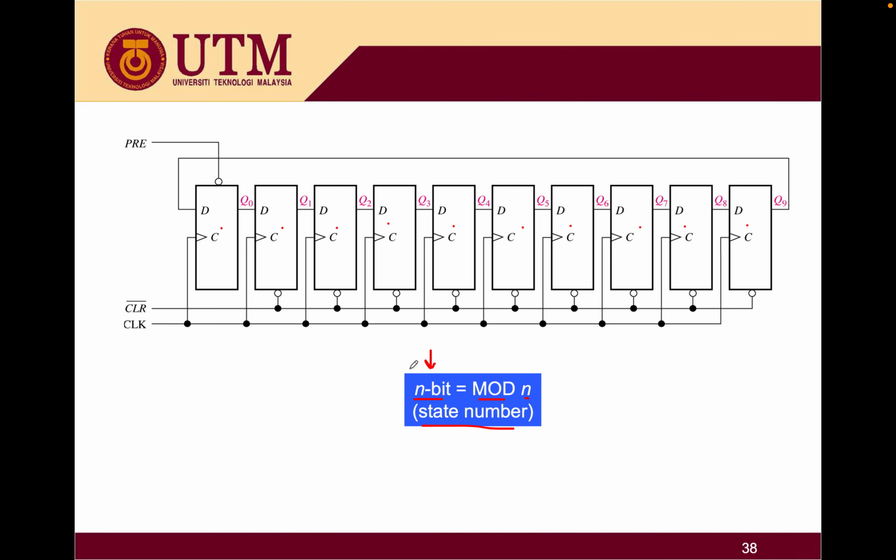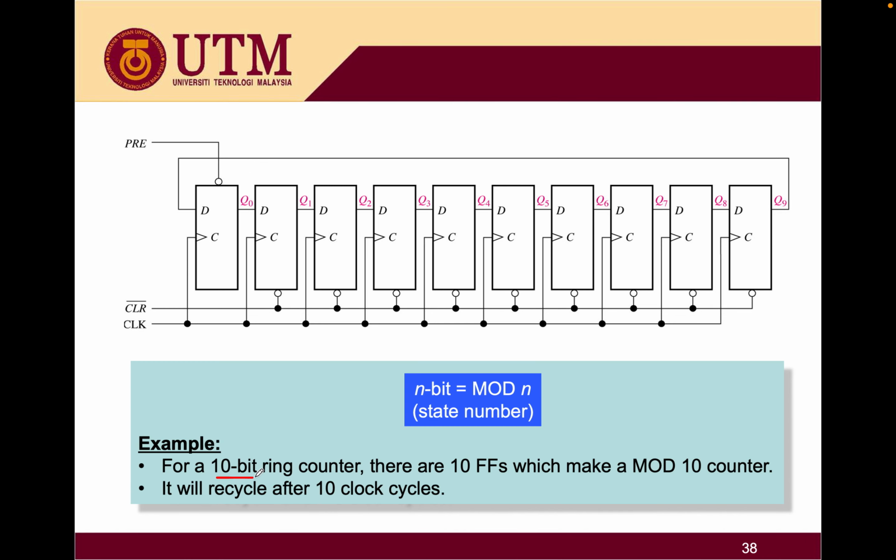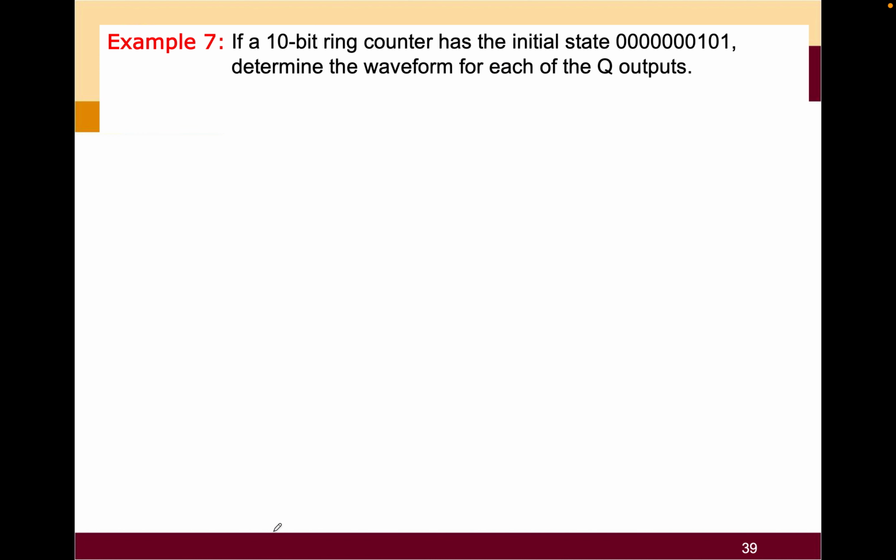If you have 4 bits, it's mod 4; 5 bits, mod 5, equal to the number of bits. For example, a 10-bit ring has 10 flip-flops, which makes a mod 10 counter. It will recycle after n clock cycles: after 10, on the 11th clock it's going to cycle back.